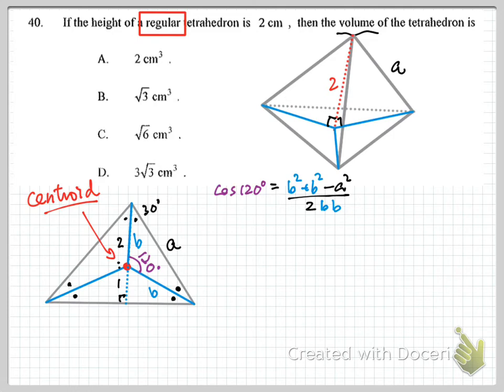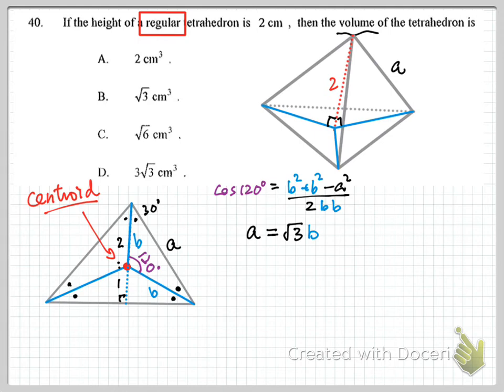So after we simplify this equation, we have A equals root 3 times B. All right, that's what you get, am I right? Root 3 times B. Okay, cosine 120 is minus 1 over 2. All right, so we have A equals root 3 times B.